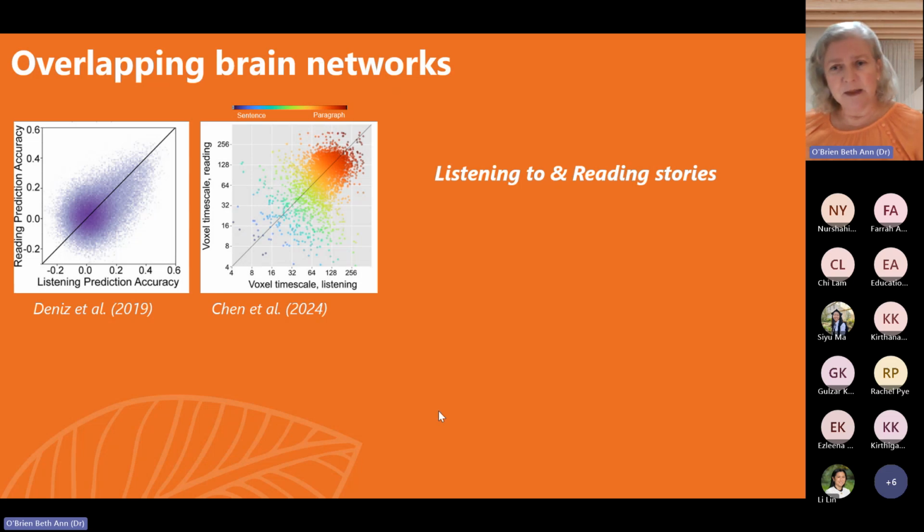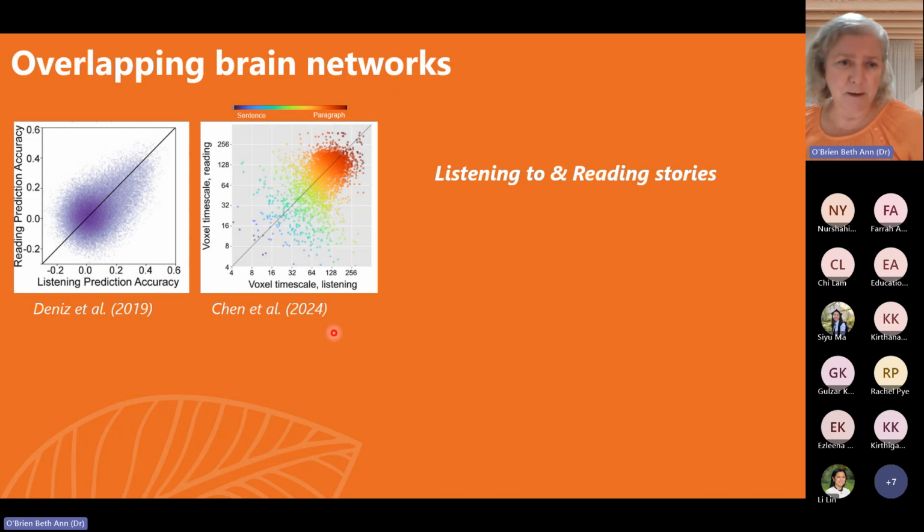And what they found, using MRI and BOLD signals of activity within these brain regions that are tuned for semantic meaning, is that there's high correlation between these areas in the brain when people use either modality to understand the stories. So there's a good degree of overlap in the areas related to both listening and reading.